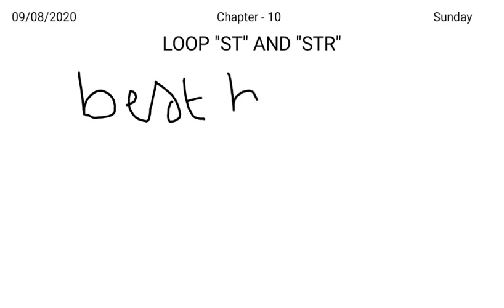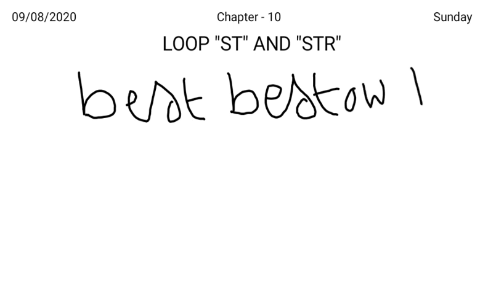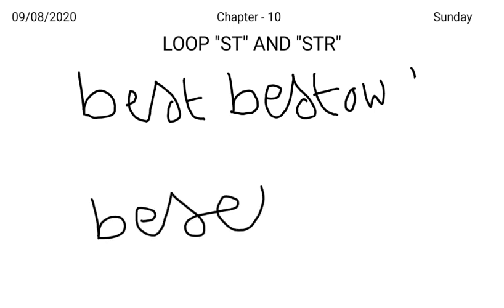Example: best, bestow, beset. Best, there is no vowel between S and T or after ST. Here you can employ ST loop.